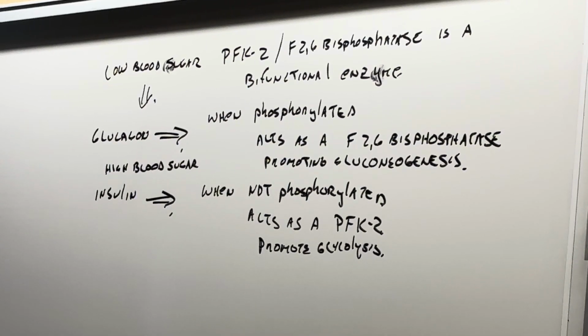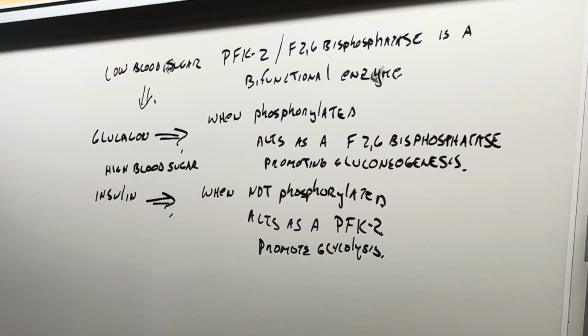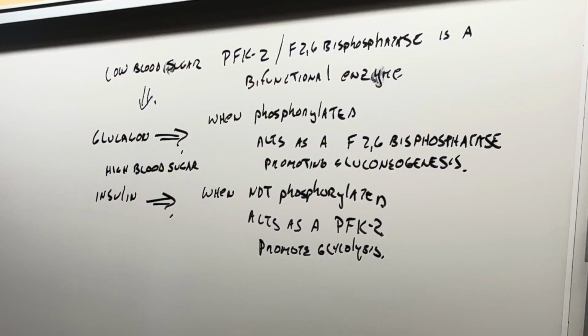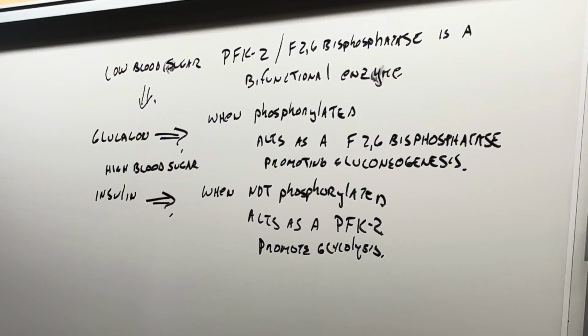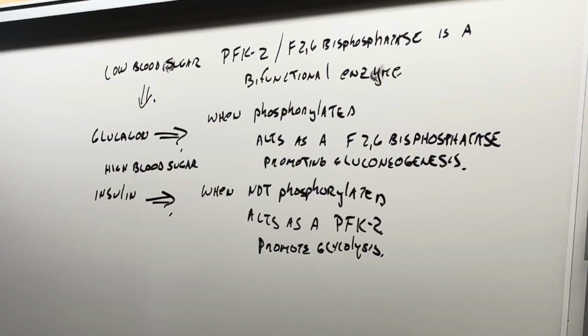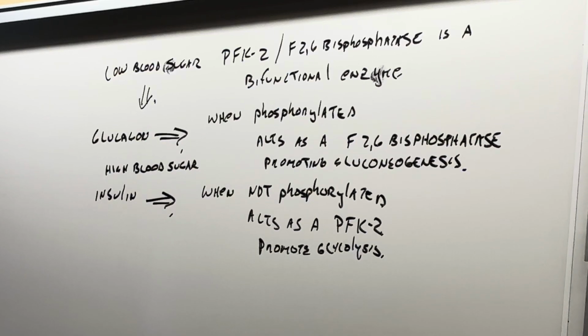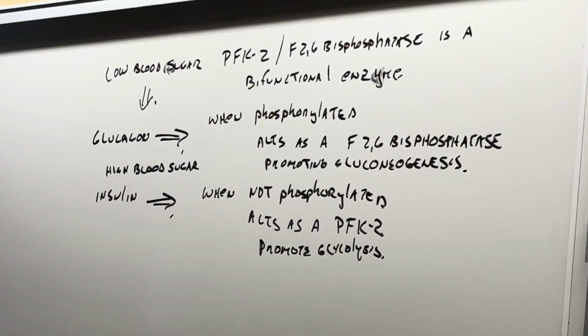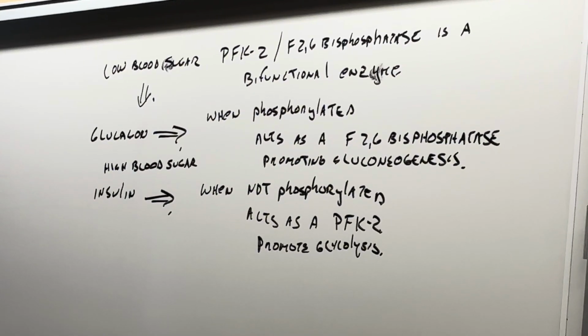transcriptional control, other allosteric regulators, and those sorts of things are going to be dependent upon the particular cell type. So for example, you might have pyruvate feedback inhibiting the PFK in certain cell types.